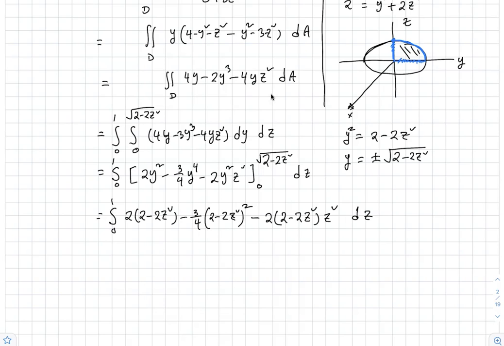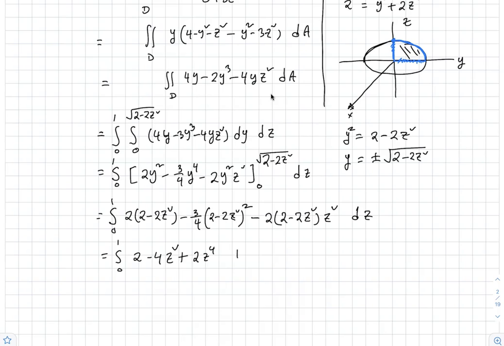It will be a good idea to simplify that. We can multiply and collect terms. We can first square this part, simplify this part, multiply by z square. It's not difficult to see that it is 2 minus 4 z square plus 2z to the 4.